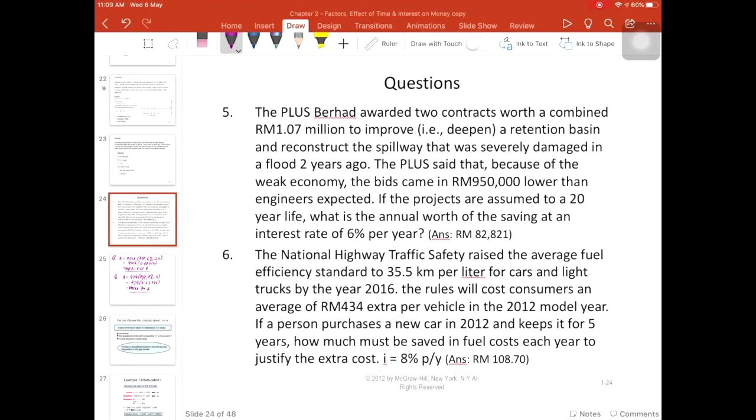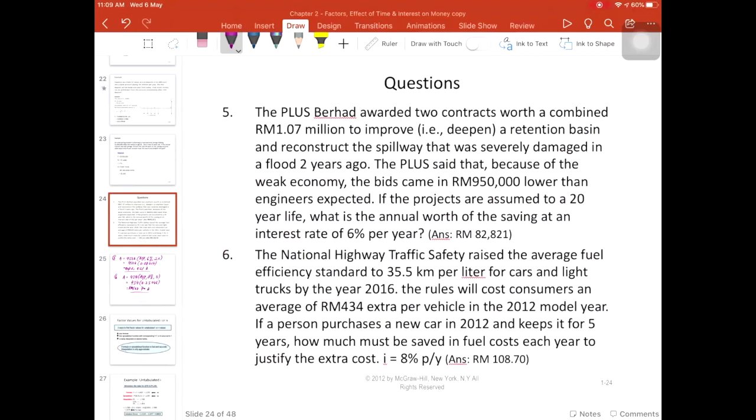Yes, that means cheaper. But logically, you wouldn't subtract 150 from 1.07 million. The bids came in at 150,000 ringgit.